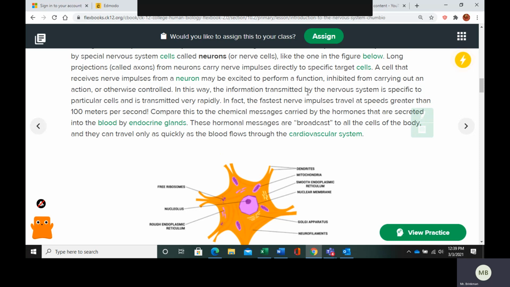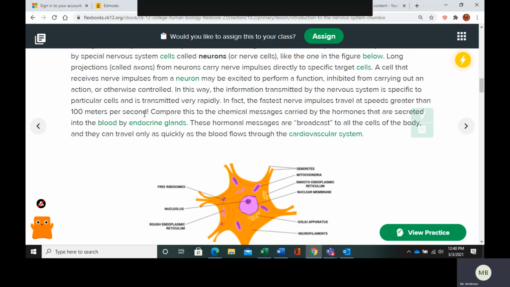So the information transmitted by the nervous system is specific to particular cells, and it's transmitted very quickly. The fastest nerve impulses travel at speeds greater than 100 meters per second.